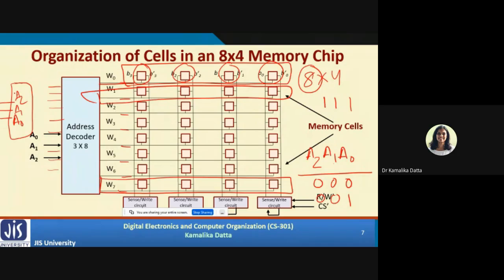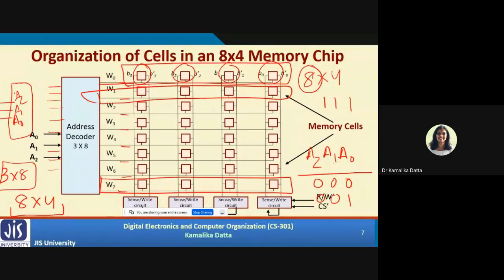So, this is the schematic diagram of an 8x4 memory module. For an 8x4 memory module, you require a 3x8 decoder. What will a decoder do?